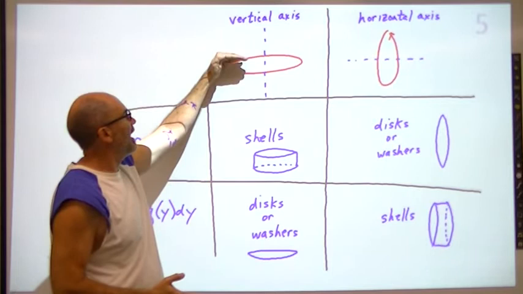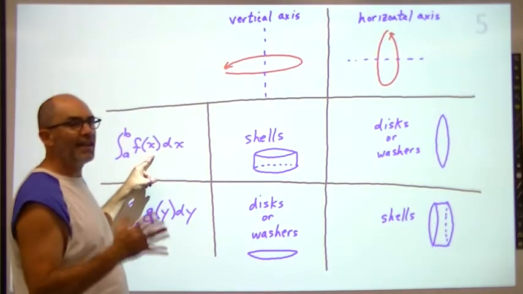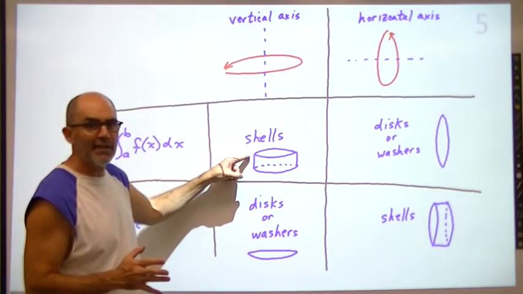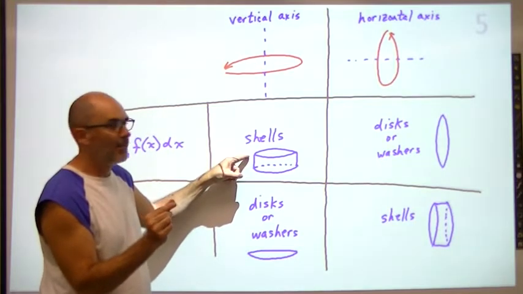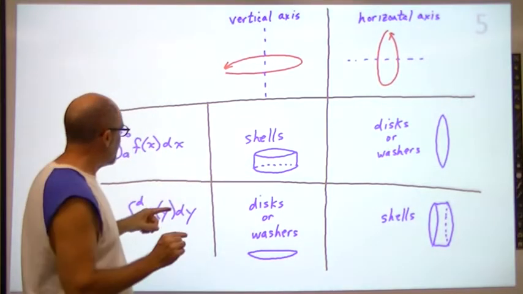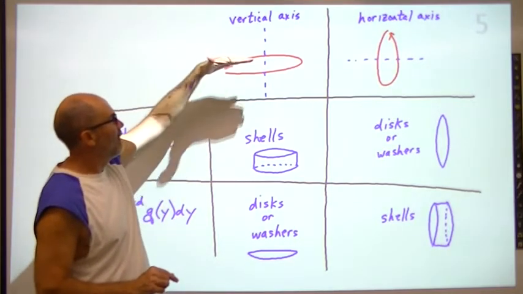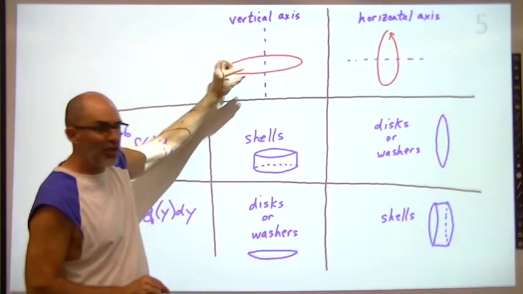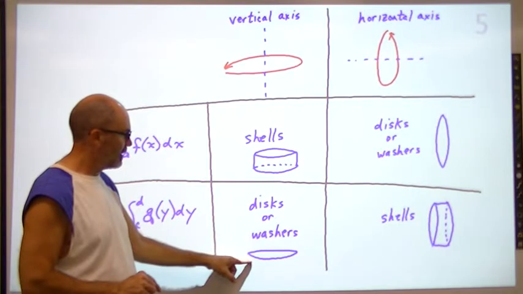So a vertical axis of rotation. Now, if your function is all in x's, then you're best with shells, because the shells will be dx thick. But if your function is in terms of y's, then the thickness of each disk will be dy thick, and so you should use disks or washers.